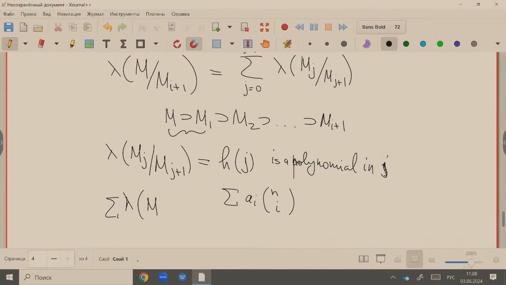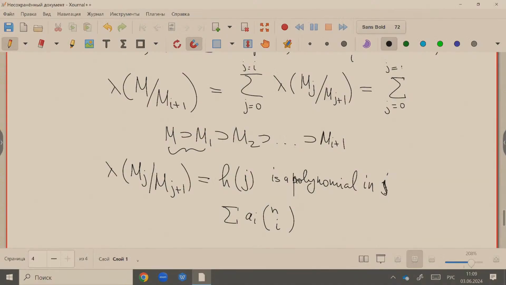The function that we are interested in is the sum of the functions, the sum of h_j where j goes from 0 to i.